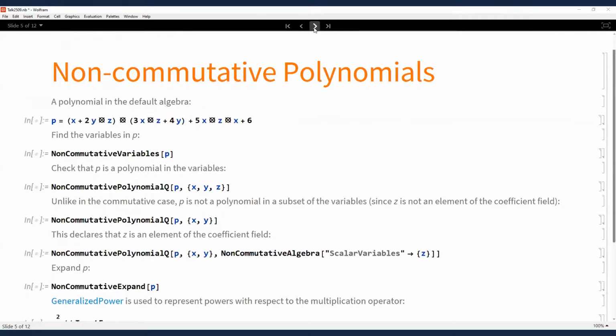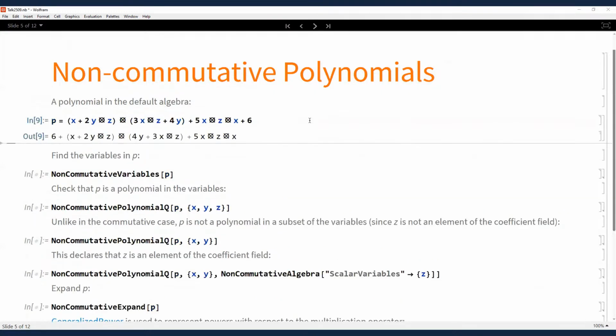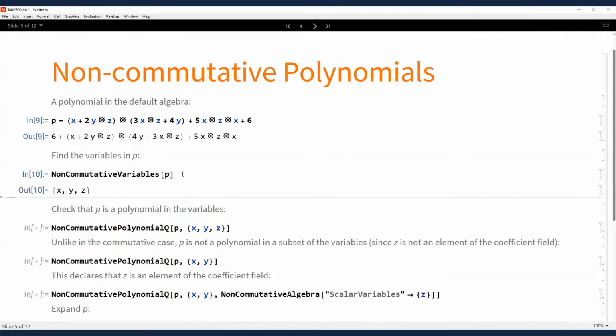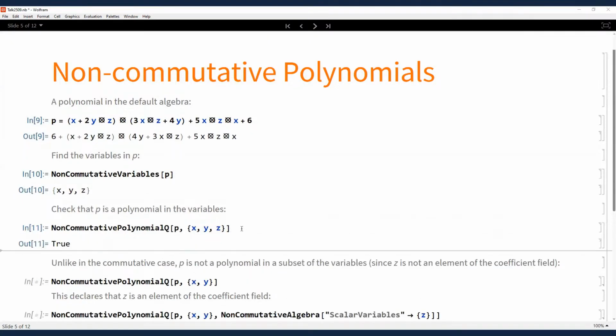Now let's talk about non-commutative polynomials. So here we define a polynomial in the default algebra. So multiplication is non-commutative multiply. We can find the variables in this polynomial, check that the polynomial is actually a polynomial in these variables.